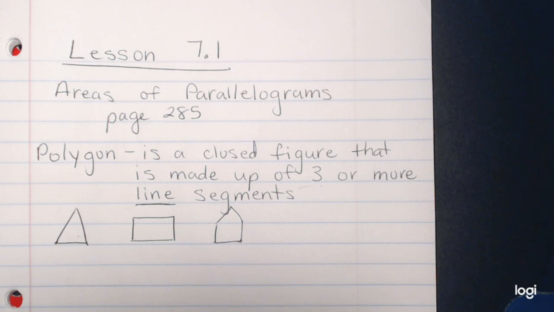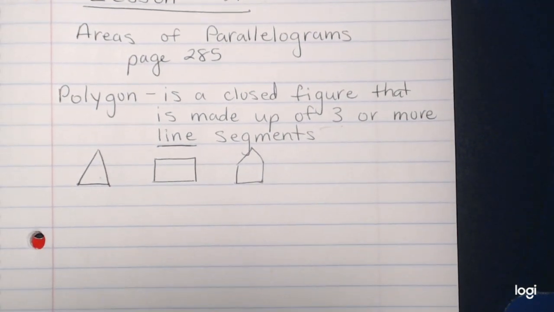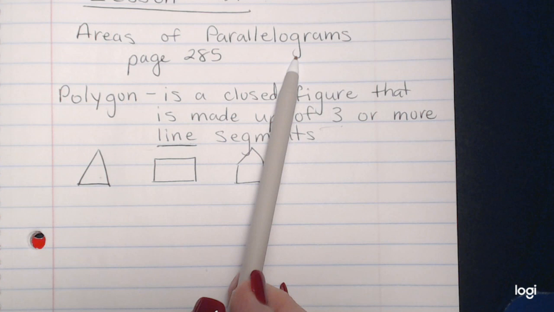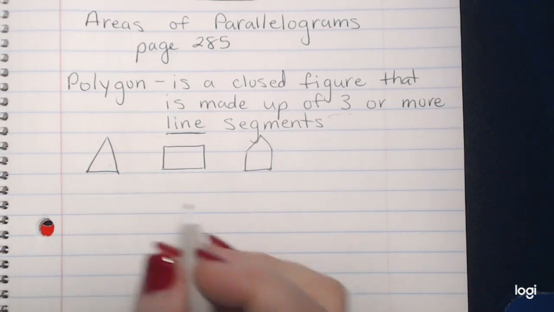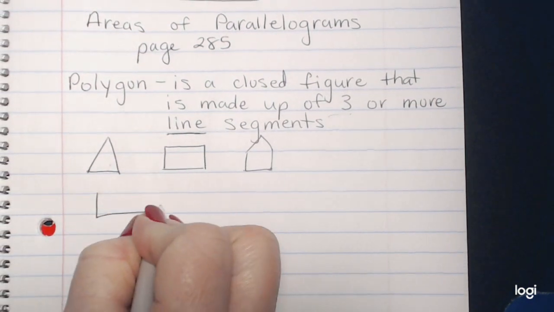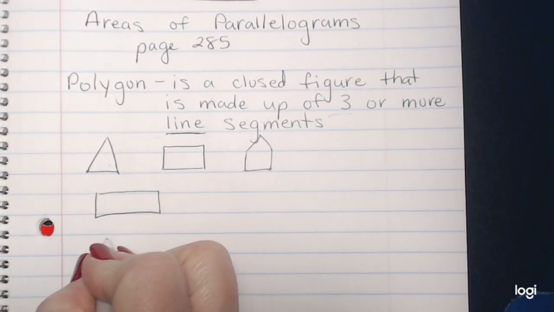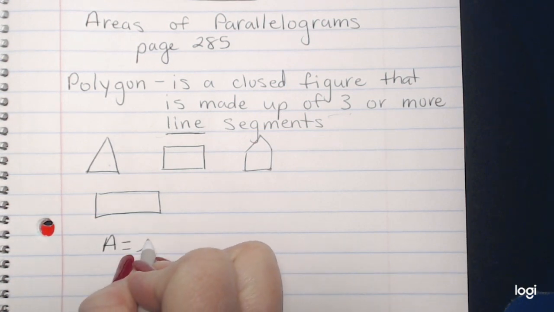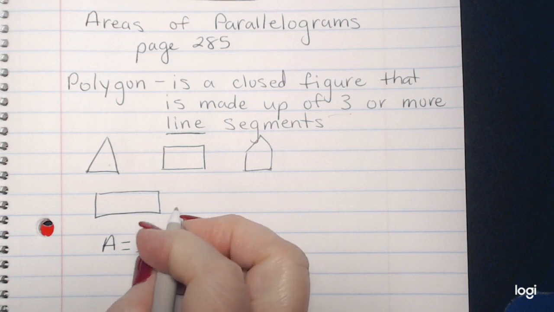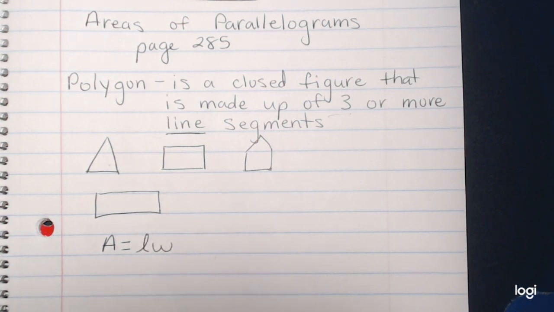Okay, so today we're going to learn the formula of the area of a parallelogram. Well, the area of a parallelogram is the same as the area of a rectangle. So, for example, if we make a picture here of a rectangle, how do we find the area? Area equals, and in our textbook, it makes a cursive L, length times width.